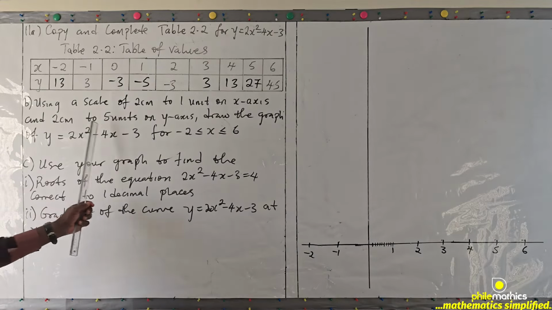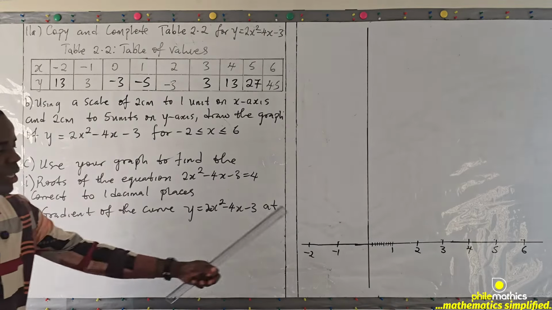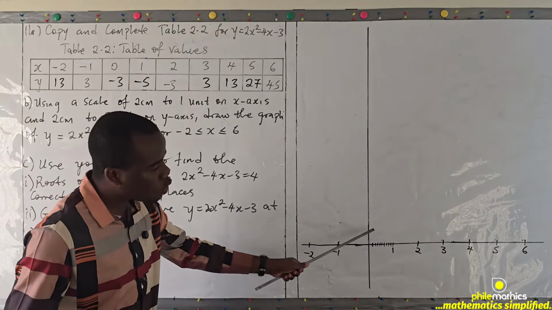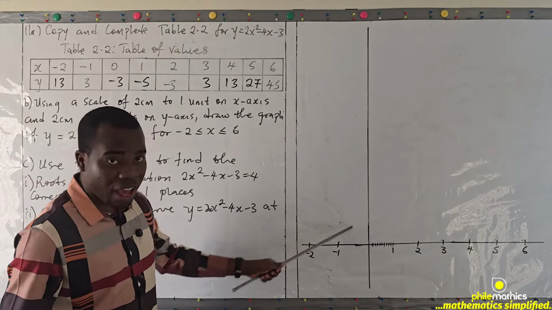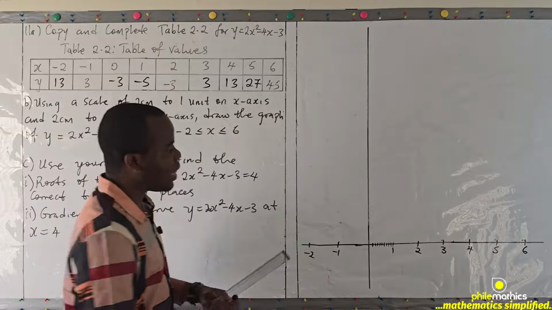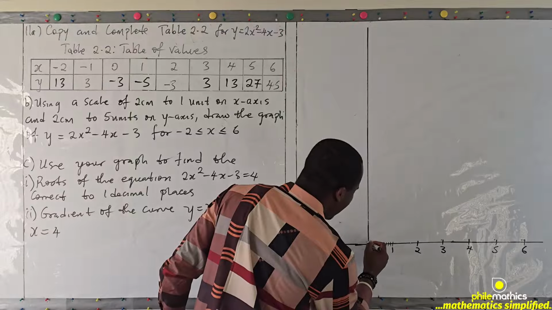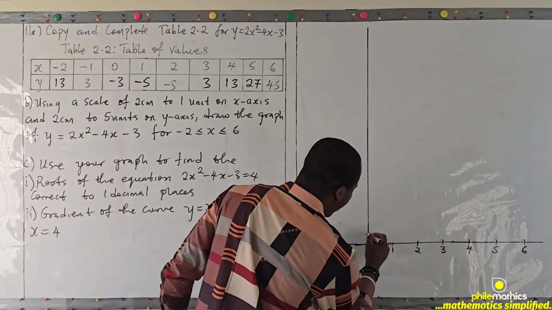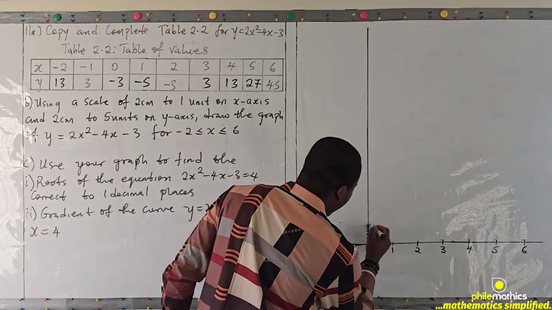Then 2 cm to 5 units on the y-axis. Similar thing, for every 10 smaller boxes, we have 5, 10, 15, and likewise. For every 10 smaller boxes, 1, 2, 3, 4, 5, 6, 7, 8, 9, 10.